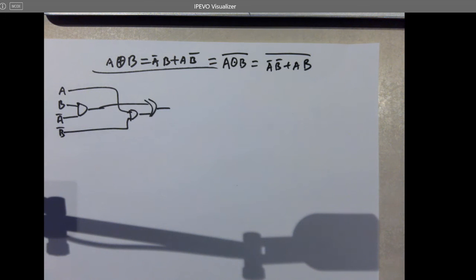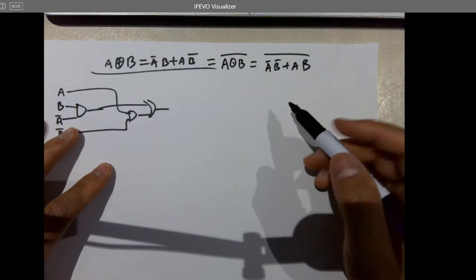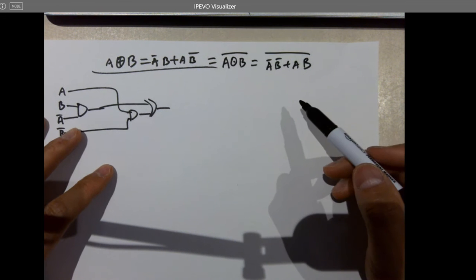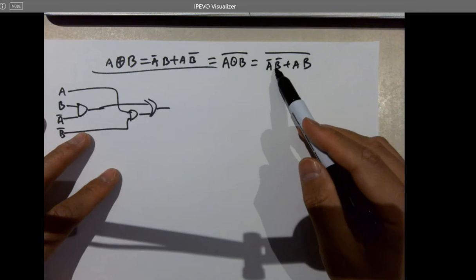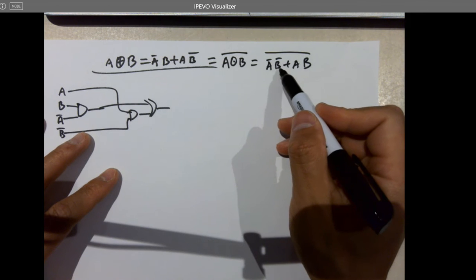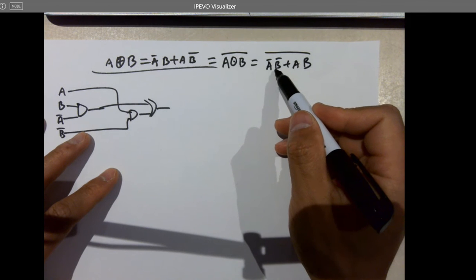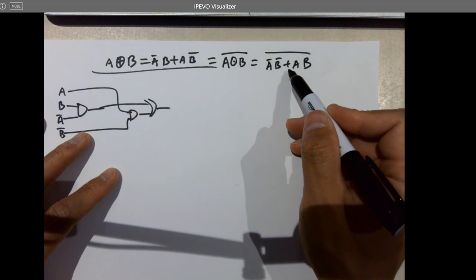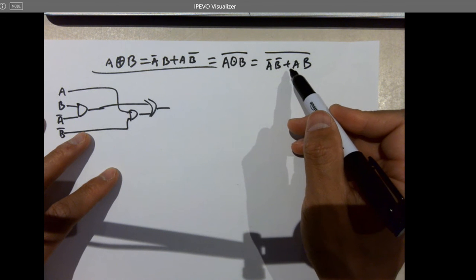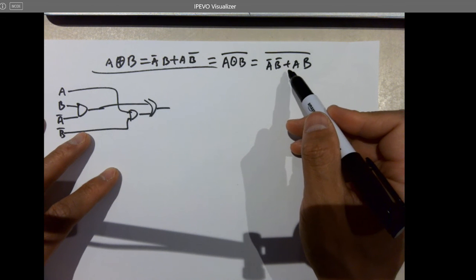And now we can start drawing that complex CMOS circuit. A, B, parallel PMOS, and in series. So two pairs of parallel PMOSes in series.